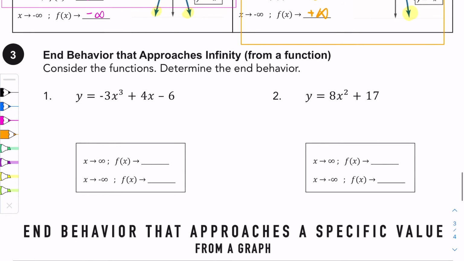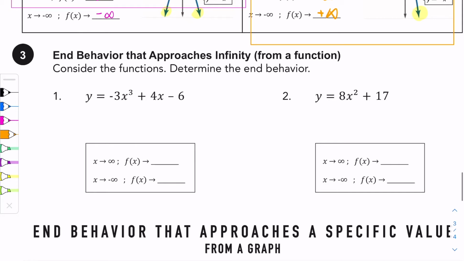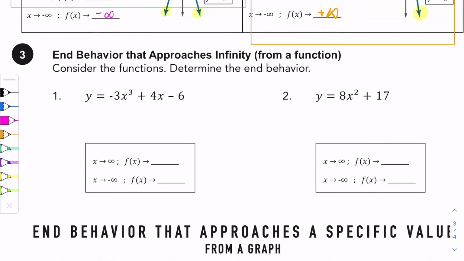If we take a look at our two examples, remember all we care about out of the whole function is the degree and the leading coefficient. So for number 1, we have y is equal to negative 3 times x to the third plus 4x minus 6. In this example, the degree is a value of 3. That tells us that the degree is odd.